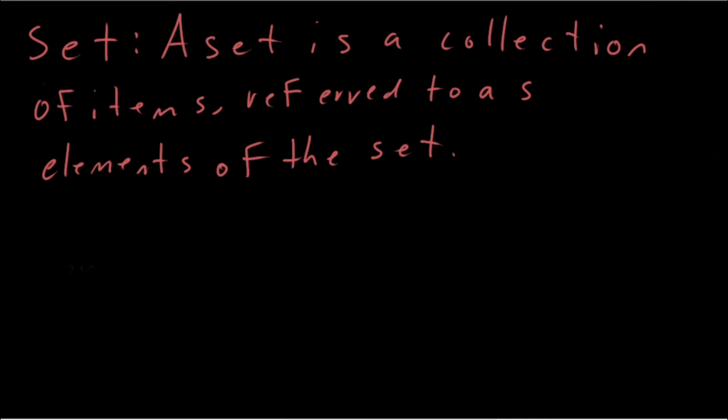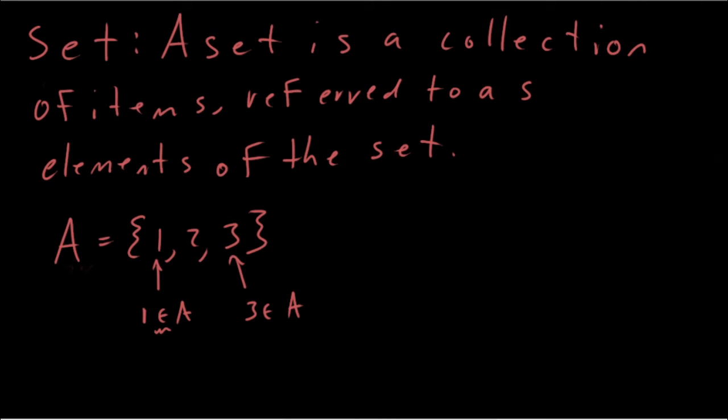Basically, a set is a collection of elements inside the set. Let's say we have A equals {1, 2, 3}. So this 1 is an element of A, and that's the little symbol for element right there, but don't worry about that. Just 1 is an element of A, and 3 is an element of A, etc.